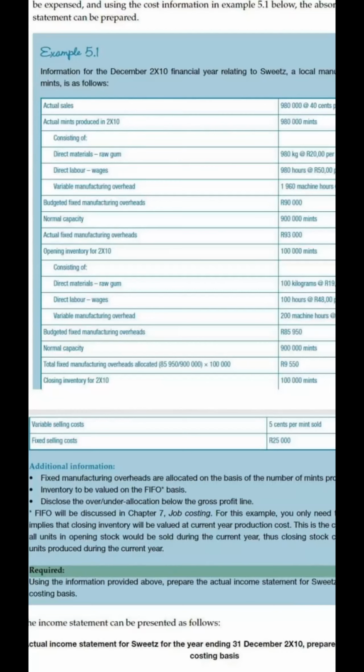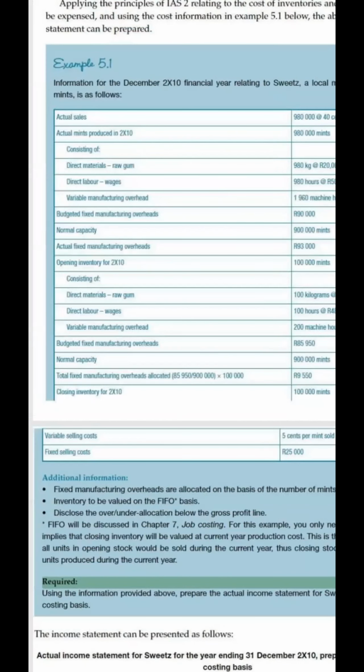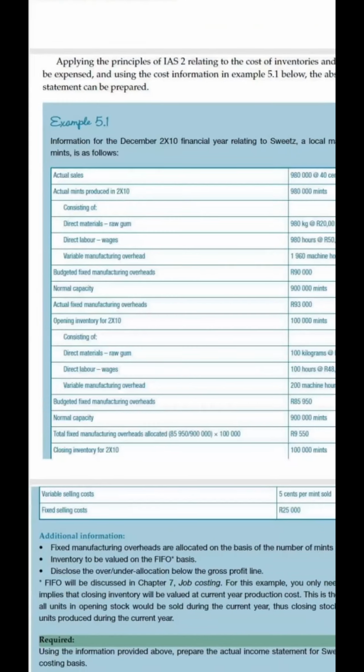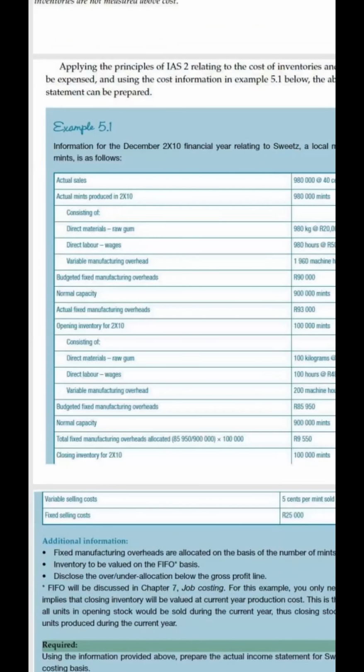All right, so I think for starters, when we're doing income statements, we are going to be dealing with the simple method, the traditional method, where you'll be doing OAR, the overhead absorption rate. Like in this question, it's just the overhead absorption rate.